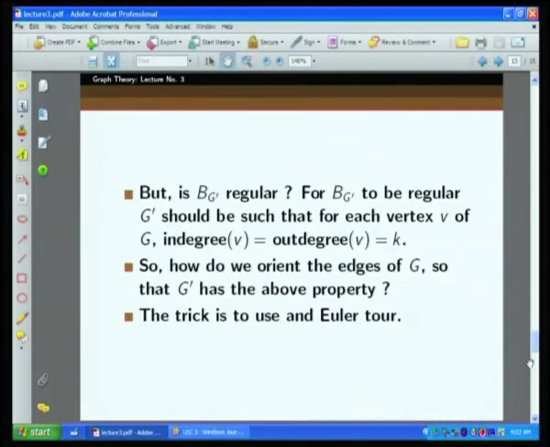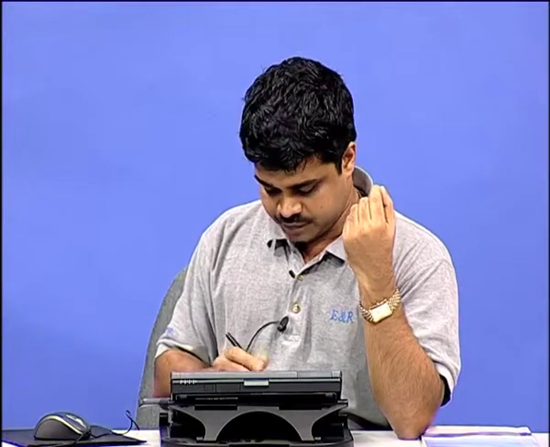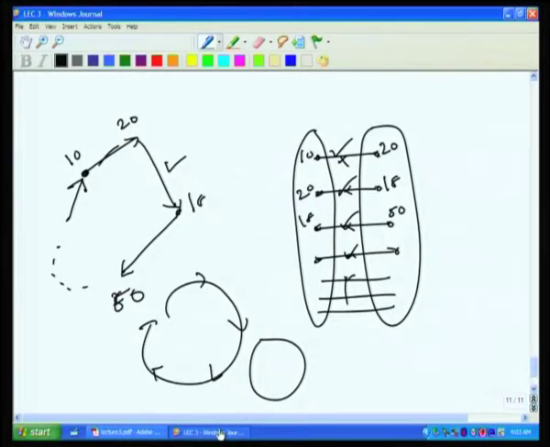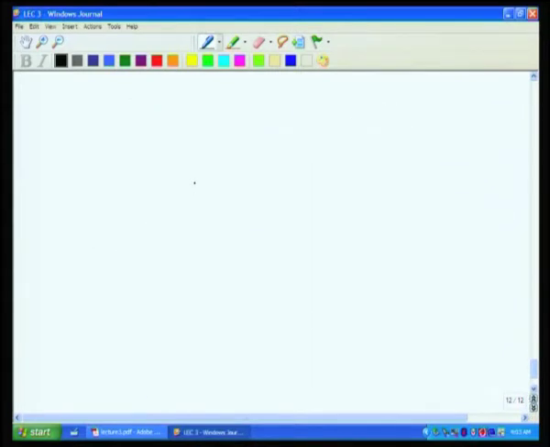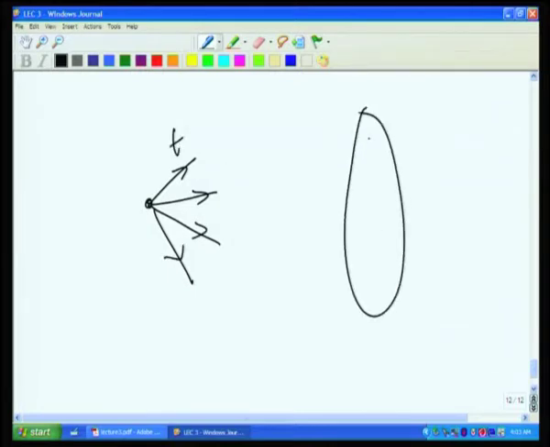To do that, we should see what corresponds to the degree of a vertex in this bipartite graph. Clearly, in the double cover construction, if you have any vertex with some t outgoing edges, then the corresponding vertex on the A side will have t edges incident on it, because the outgoing edges become the edges incident on this.